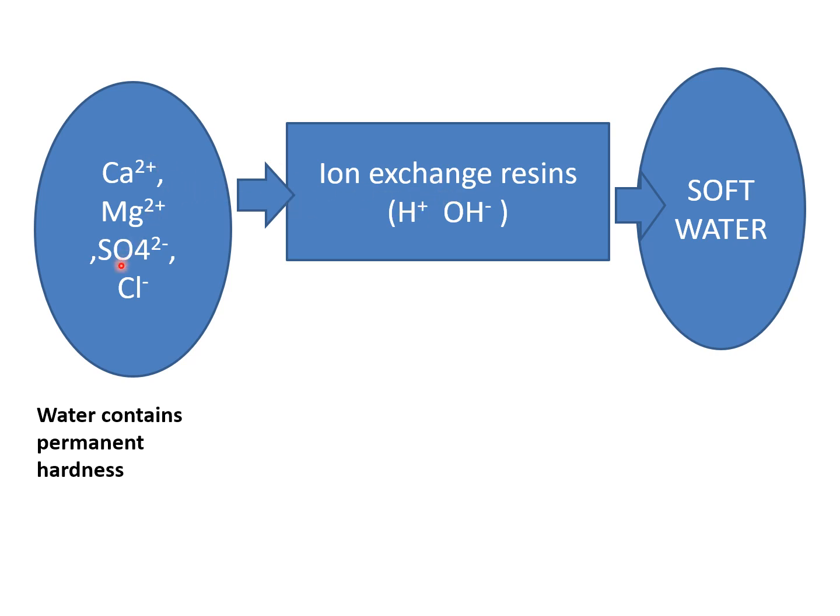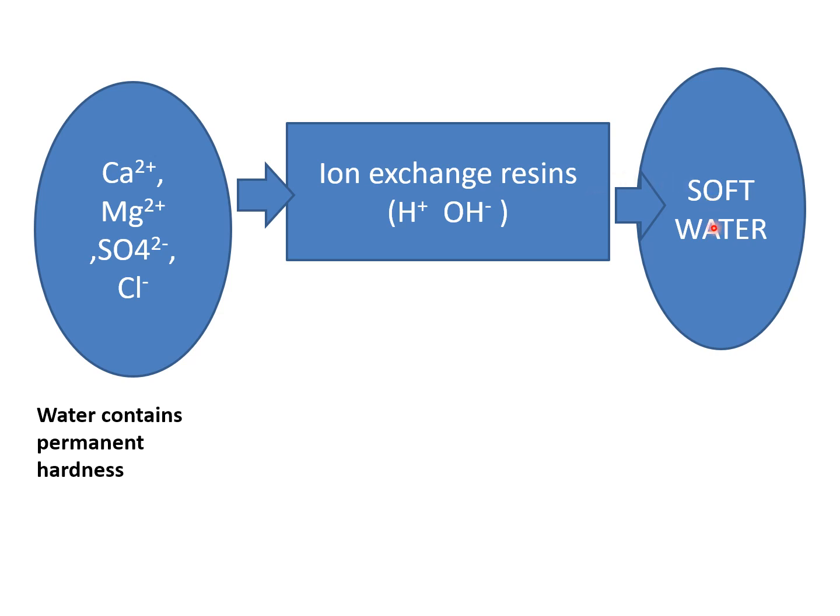Similarly, sulfate and chloride are the anions present in hard water. When they pass through ion exchange resins, the OH minus ions exchange with these anions, sulfate and chlorides. So the sulfate and chloride are trapped in the ion exchange resins, and OH minus ions are released into water. So when we pass hard water through ion exchange resins, finally we get soft water.